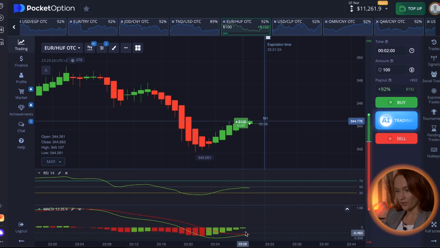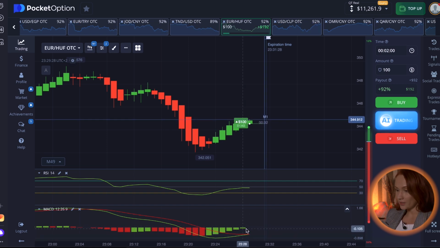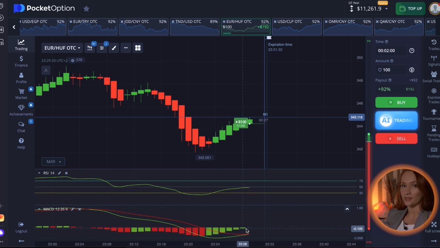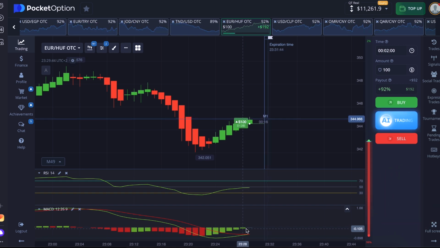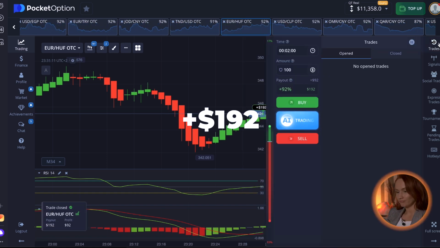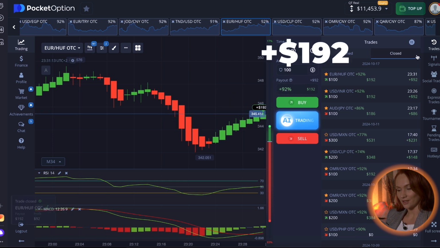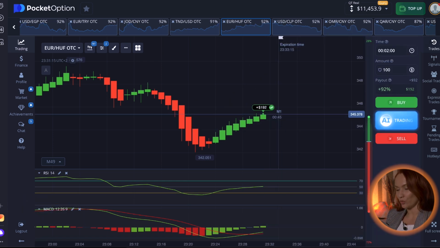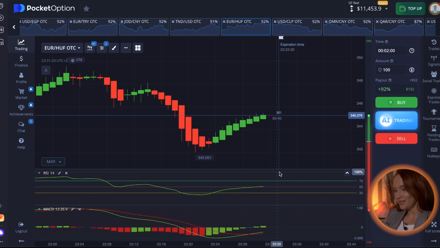The main line of the MACD indicator is also reversing an upward trend, and the histogram quite possibly will already go into positive on the next candle. Excellent, the deal went positive. We earned $300 today, not bad at all.